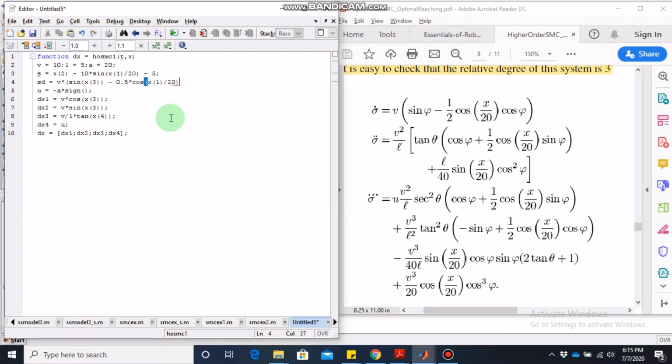And then once you complete this code, multiply by sine of phi, which is basically x3, and then you close this bracket.